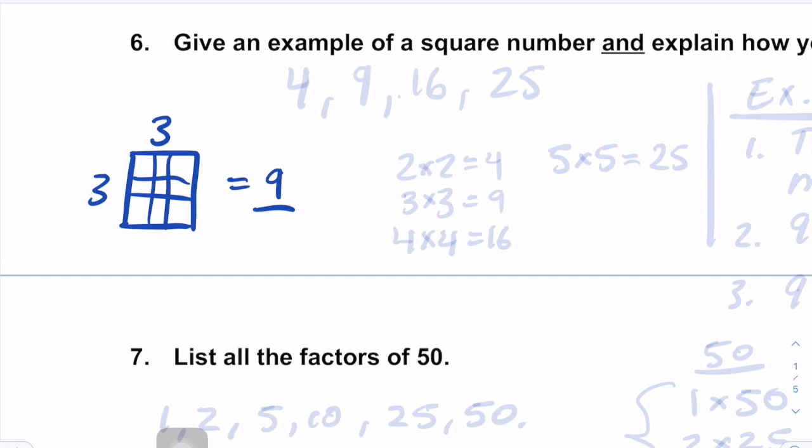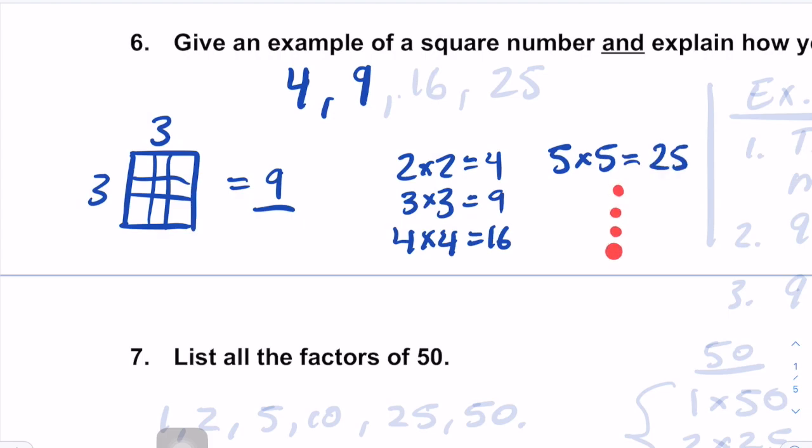We know that we can do 2 times 2 to get 4. So 4 is an example. 3 times 3 we just did, that equals 9. You can do 4 times 4 to get 16. 5 times 5 to get 25.